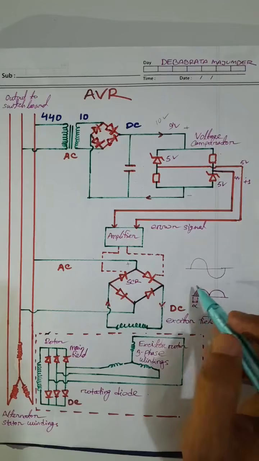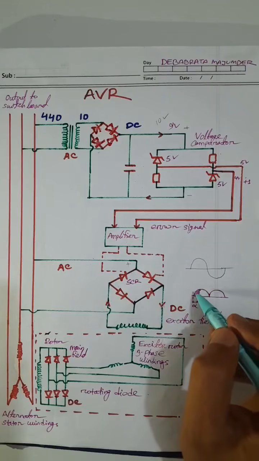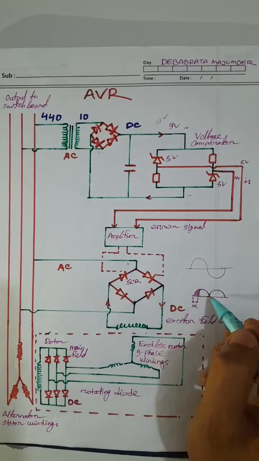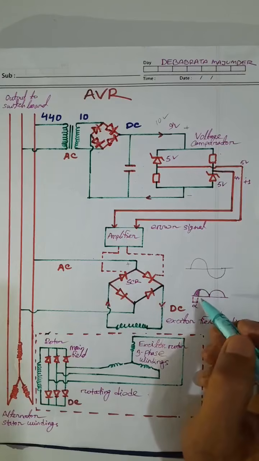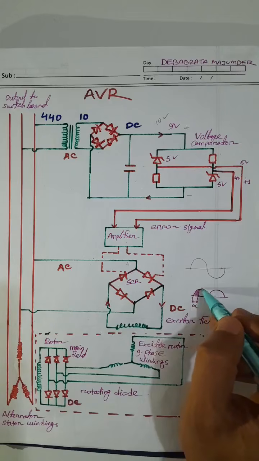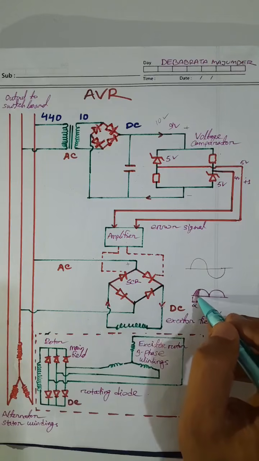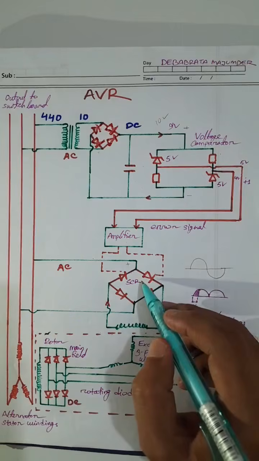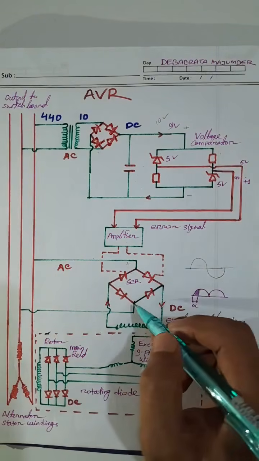But in this case, we do not need the full DC voltage. What we need is only as much DC voltage as required, and this is controlled by the SCR trigger unit.